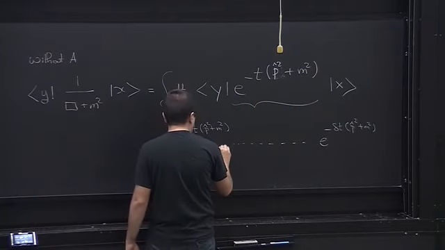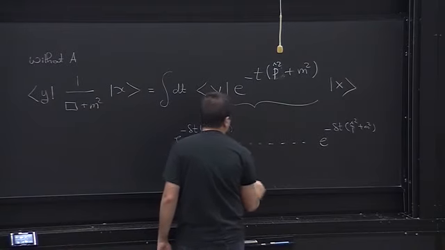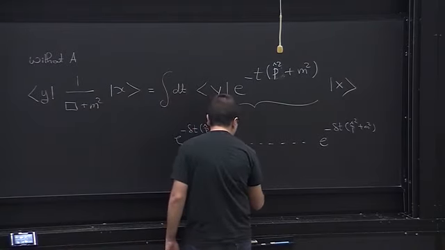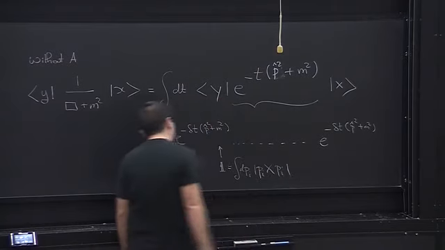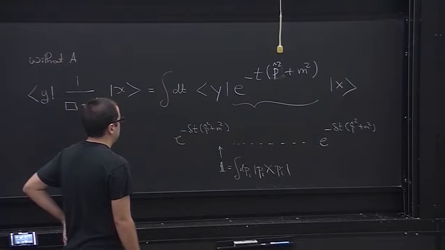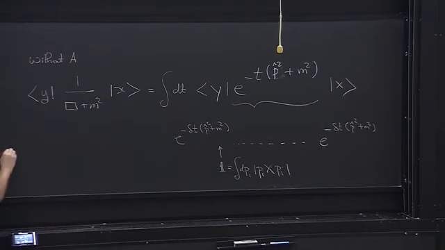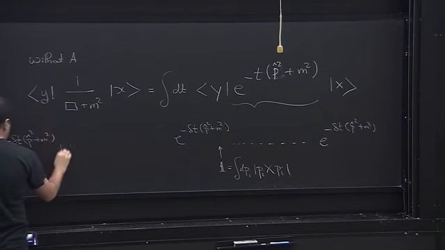In between, we insert the identity operator, the resolution of the identity, as the integral dp of |p><p|. Then if I have <p_j| e to the minus delta t (p square plus m square) |p_{j+1}>, I use at each step a different p_j.